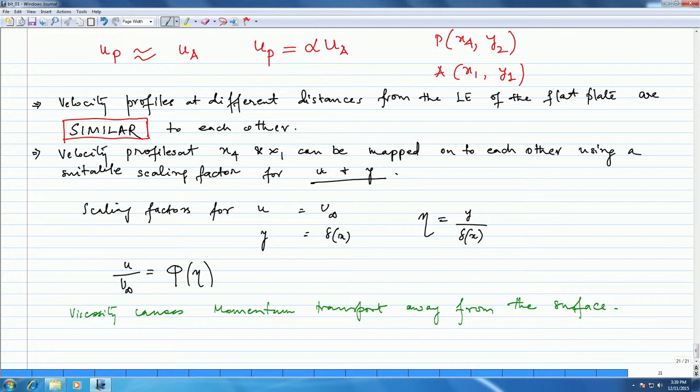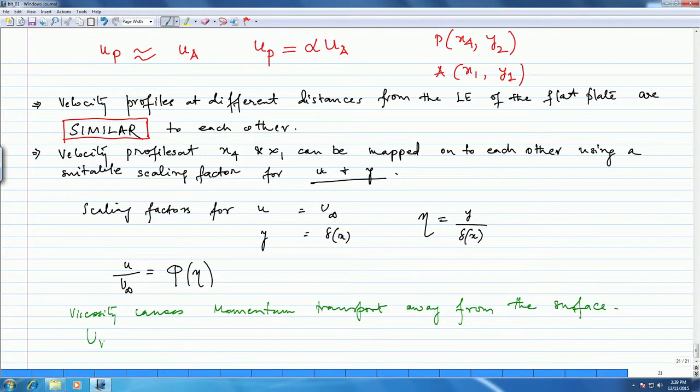Now, let the velocity which is responsible for transporting the momentum in the y direction be, let's call that uv, and of course this is a function of the viscosity and the boundary layer thickness, that's intuitive, right. If I look at the dimensions, this is a velocity, so units are meters per second.